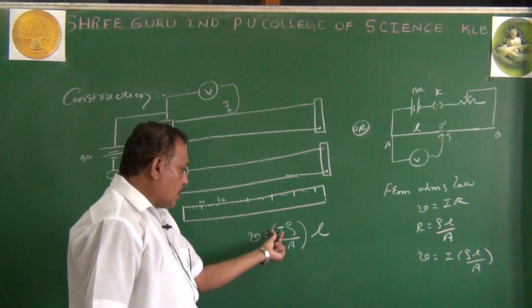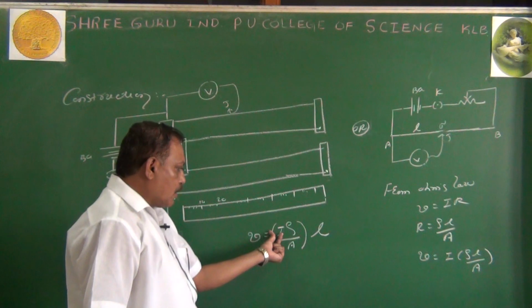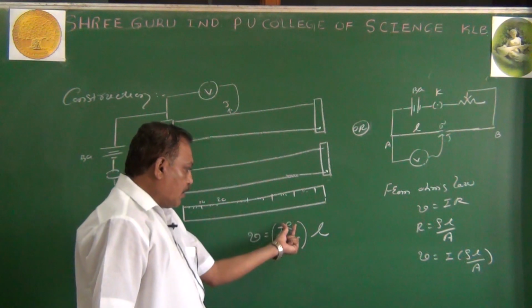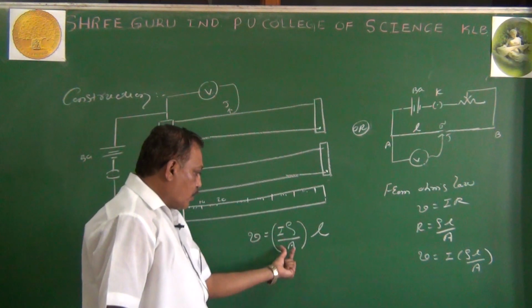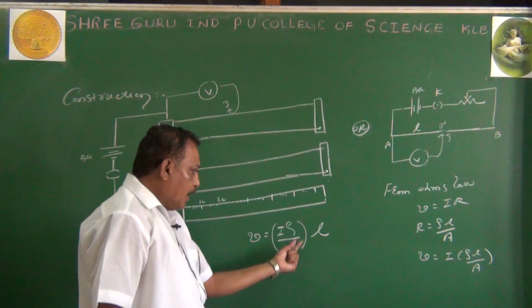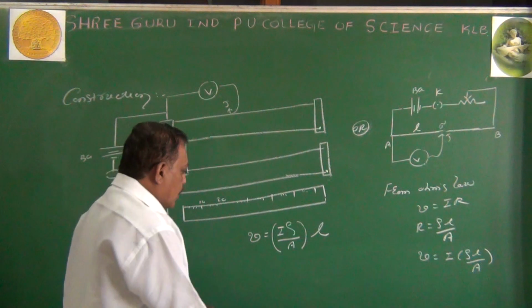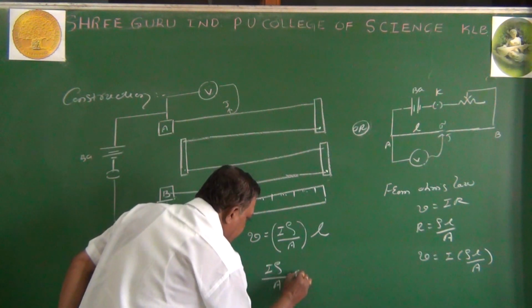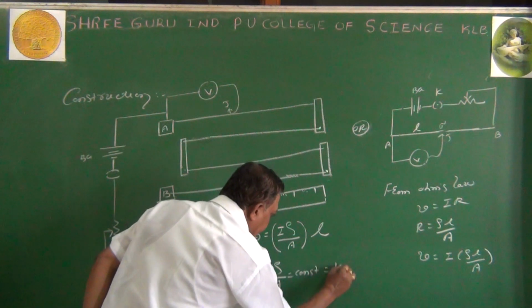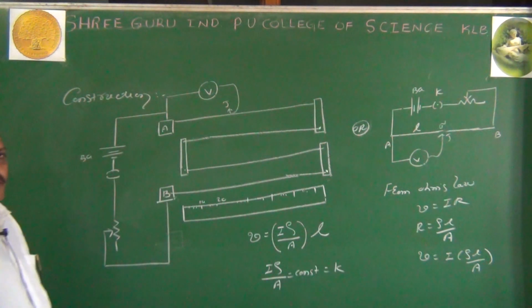By maintaining the constant current I, the resistivity of the given material of the wire is constant. The current is passing through the uniform cross-section area A. Now this complete term is constant. Shall I write K? Are you getting the point?